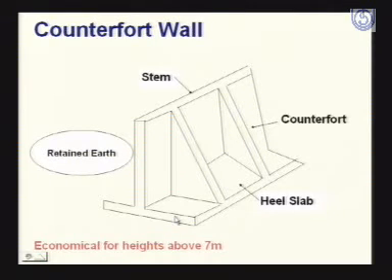If the bending moment is high, then to maintain the stability of the structure, you will require a high thickness of the stem as well as the slab, which will make the retaining wall uneconomical. Then how to reduce the size?